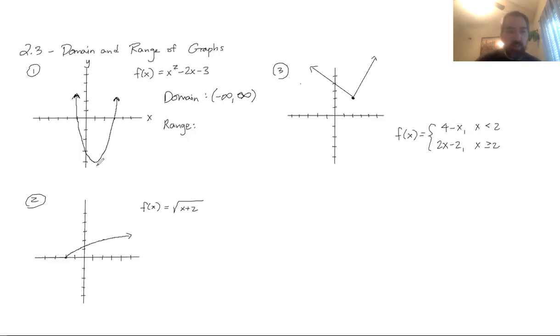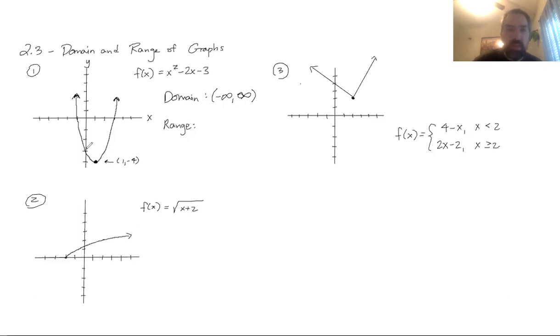Well, the smallest y value would occur at this point right here, which is -1, -2, -3, -4. That point would be, in fact, 1, -4. That's the vertex of the quadratic function, by the way.